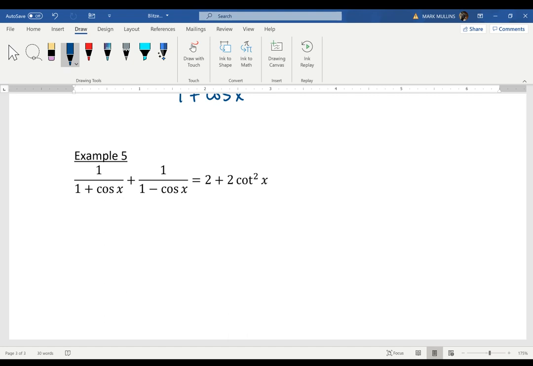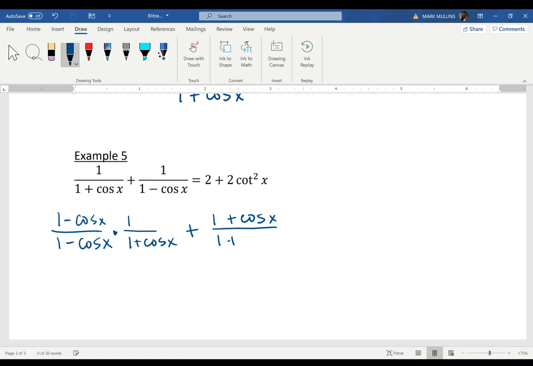So that means I would need to multiply, let's see, the first one by 1 minus cosine x over 1 minus cosine x. And the second one by 1 plus cosine x over 1 plus cosine x. Let's see, times 1 minus cosine x. Oops, I did that wrong.